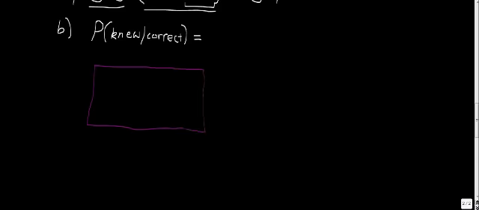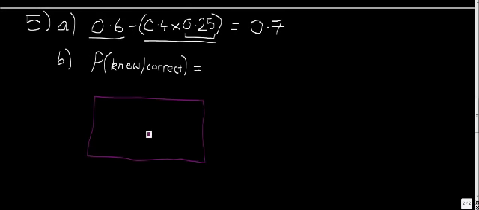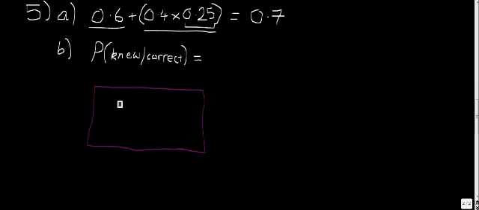So what's actually happening here is him giving the correct answer is this bit. Him knowing the answer is a very large proportion of this bit. This is the probability he knows the answer. And then him guessing is this other bit.